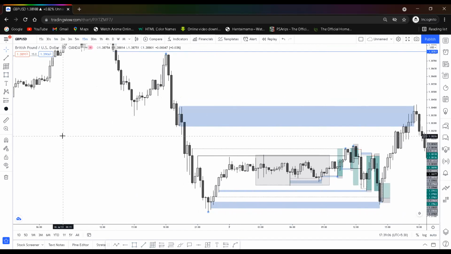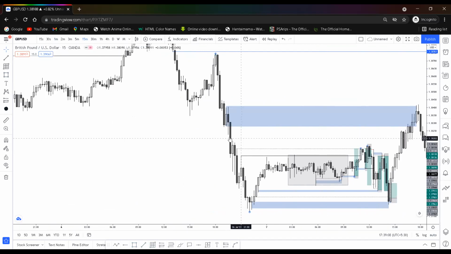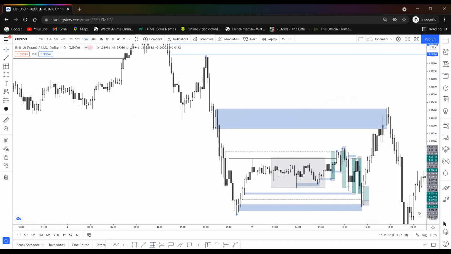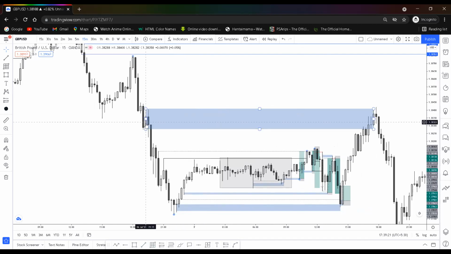You see this order block, a very clear order block? Now that is our trap, because I told you, clear order blocks cannot be trusted.